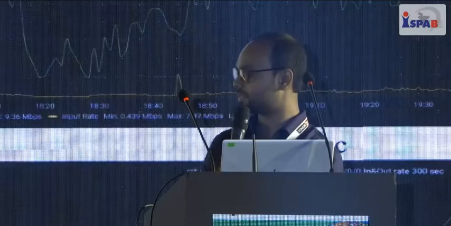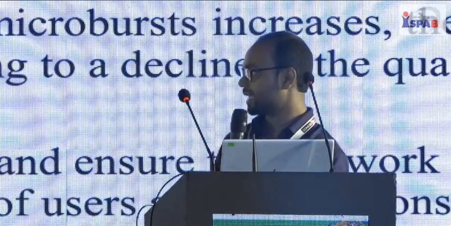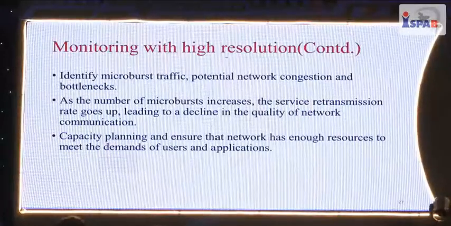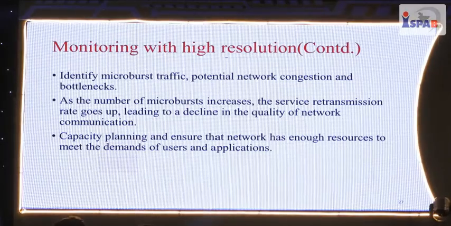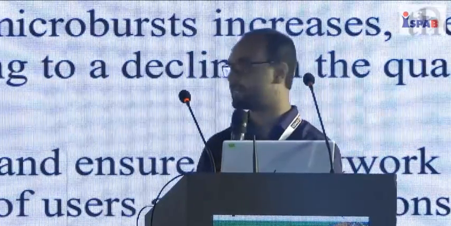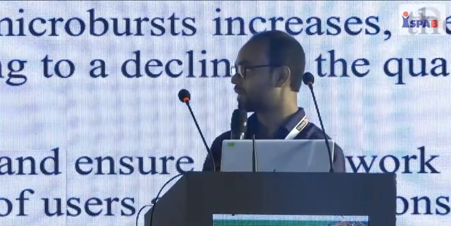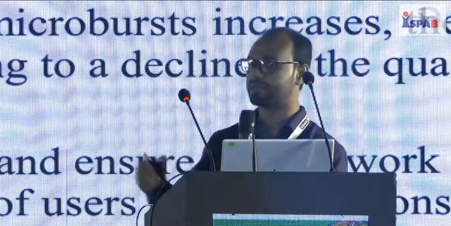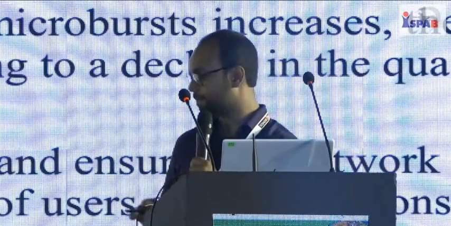So if we continue to monitor at 5-minute interval, we do not know that our actual application was sending traffic at much more bandwidth. So we cannot actually know that there is an issue ongoing in our network. By visualizing those microburst traffics, we can plan the capacity of the entire network so that clients get better service from the infrastructure.